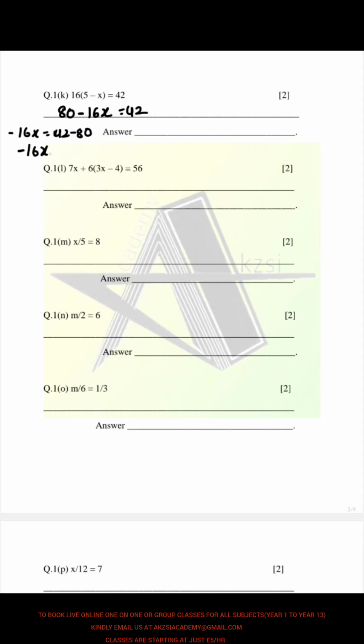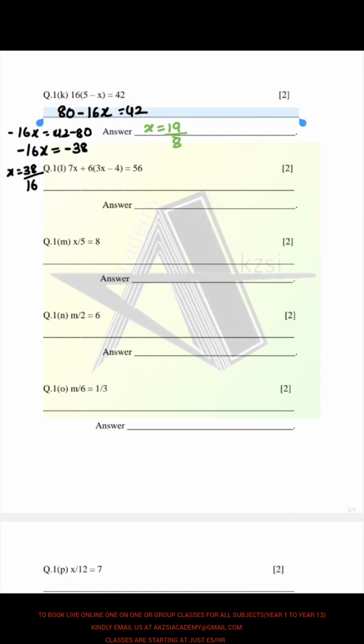Minus 16x is equal to minus 38. And now dividing both the sides by 16, x is equal to 38 over 16. I can further simplify it as 19 over 8. So final answer is x equals 19 over 8.